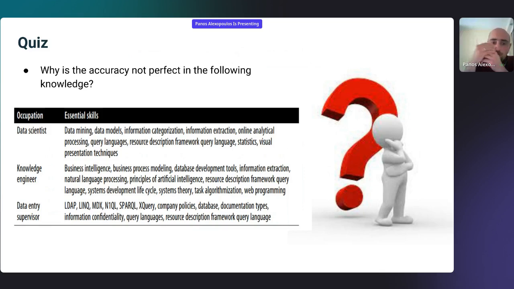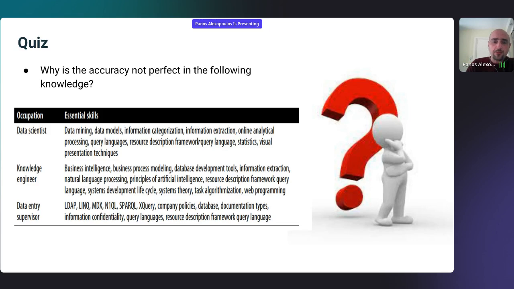For instance, I cannot agree that a knowledge engineer really needs to know web programming or algorithmization. At least it's not essential. And it's also not necessarily essential to know about RDF, because we don't only build ontologies with RDF. But let's say that's debatable.